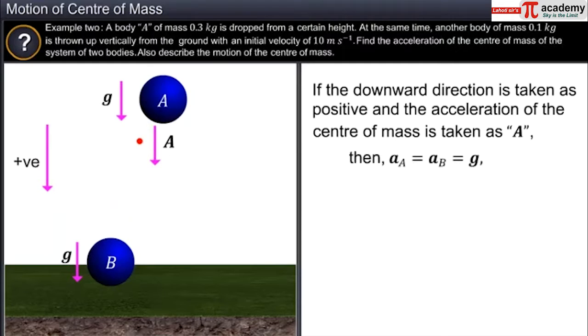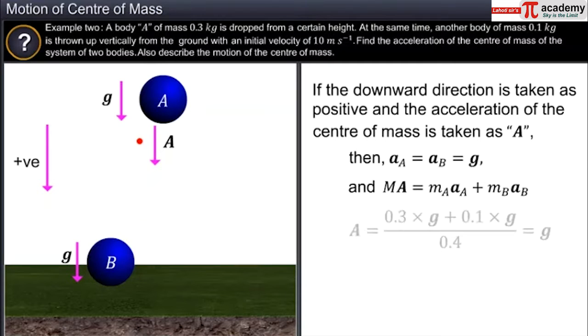That means aa is equal to ab, which is equal to g, and M into a is equal to ma aa plus mb ab. Therefore, a is equal to (0.3 into g plus 0.1 into g) divided by 0.4, which is equal to g.